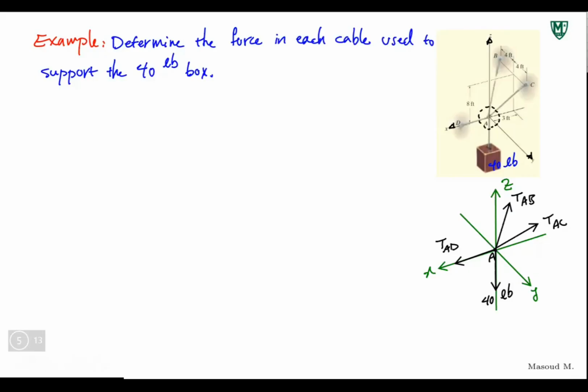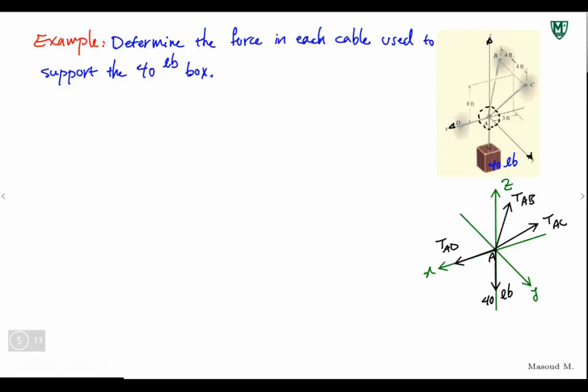Remember, if we have 2 points on a line, we can find the unit vector along that line and multiply the magnitude of the force by that unit vector. So we can find the force along that line, passing through those 2 points.